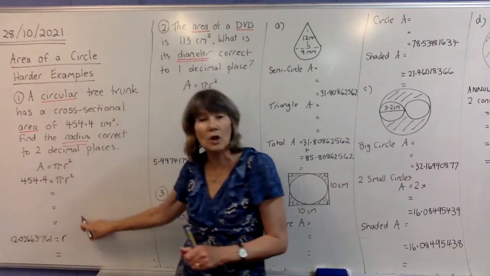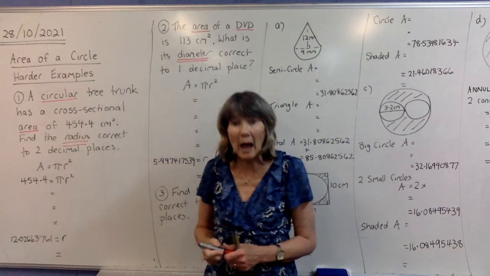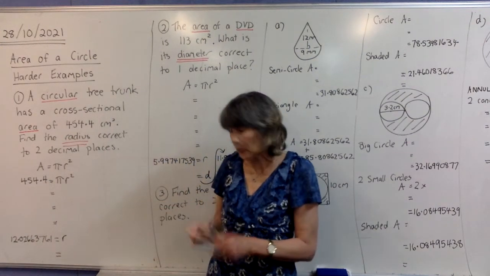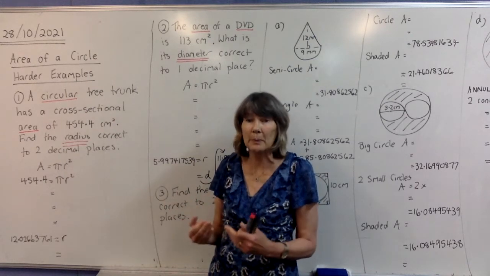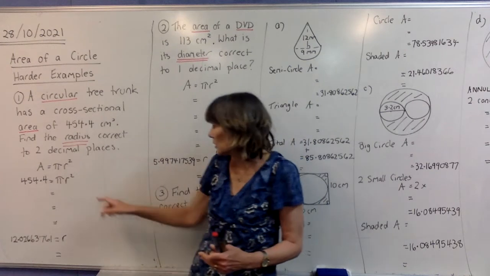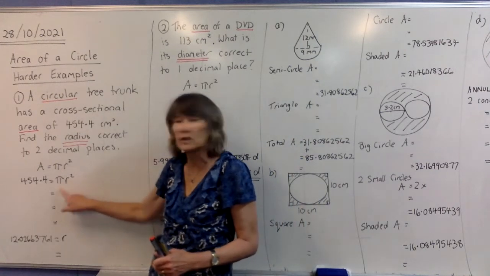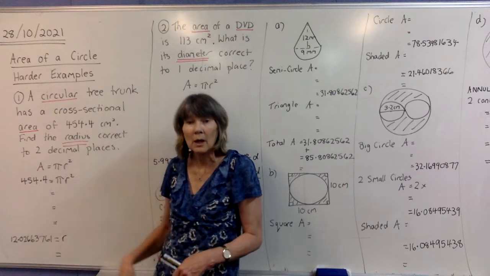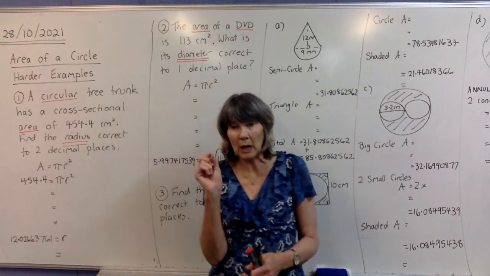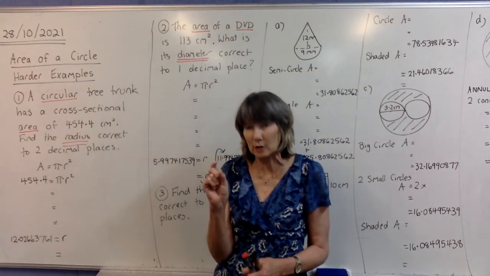So that means we have to solve a little equation here to get the r by itself. So the first thing that we need to remove is the thing that's not the best friend of the r. So which one is more attached to the r? Is it the pi or is it the squared? Well, I'm telling you, any power like that is very strongly attached to the r.